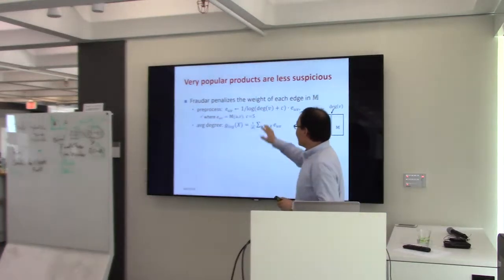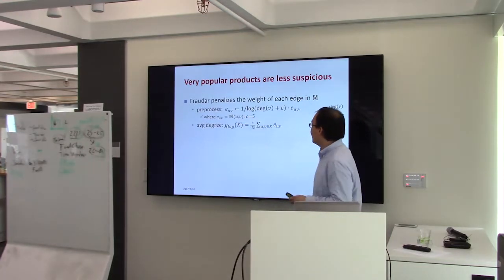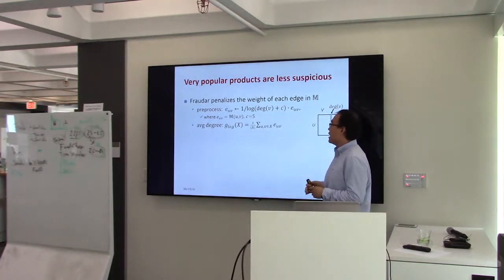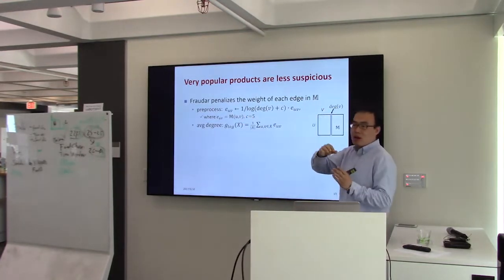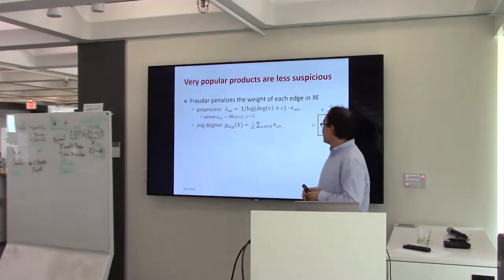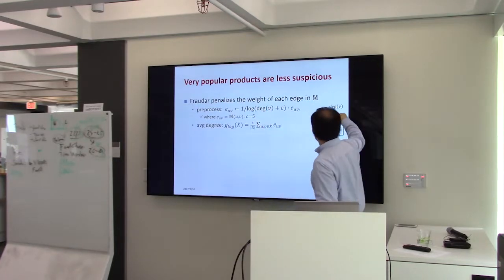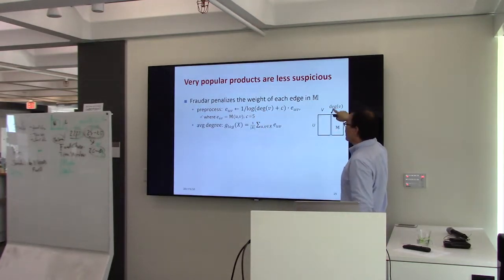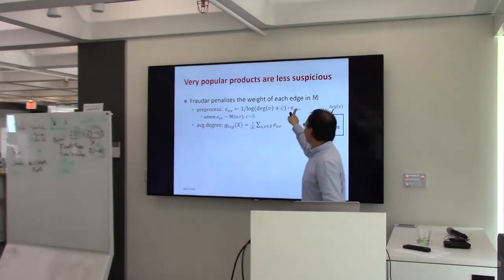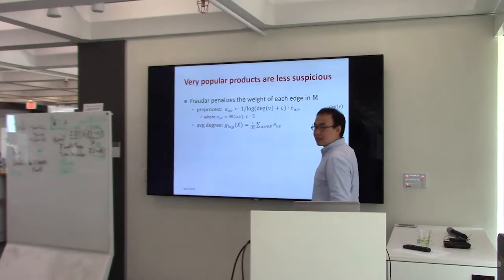So in Fraudar, which was published at KDD 2015 by Bryan Hooi, they propose to penalize the popular objects in the whole graph. They use the column degree of these objects to punish the weight of every edge connected to these objects.